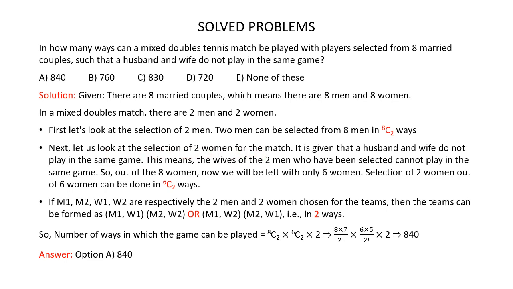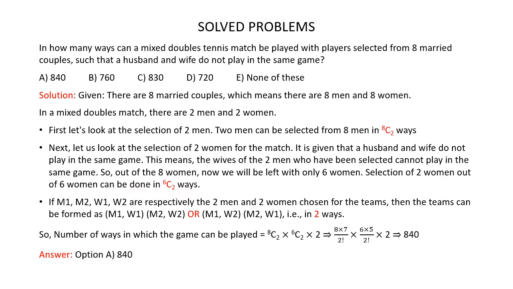Now it's given that a husband and wife do not play in the same game. This means the wives of the 2 men who have been selected cannot play in the same game. So out of the 8 women, now we are left with only 6 women. So selection of 2 women out of 6 women can be done in 6C2 ways.